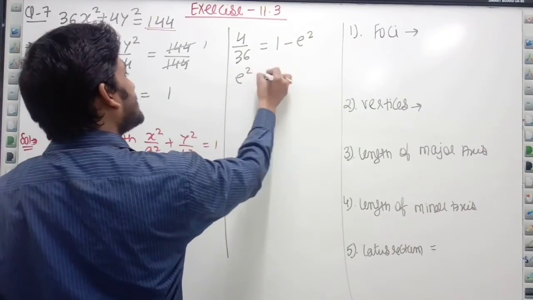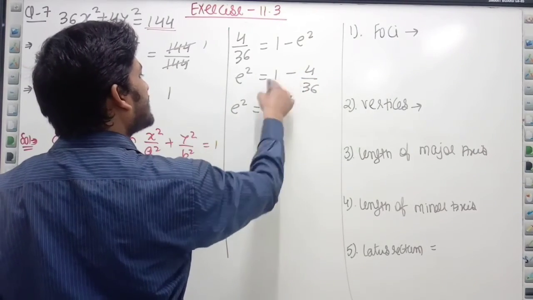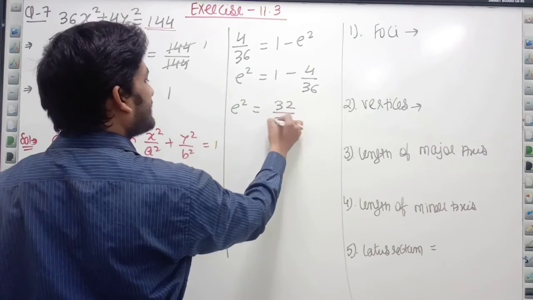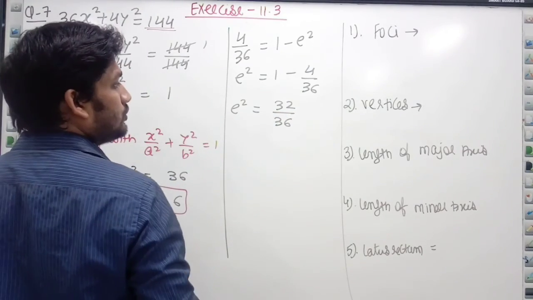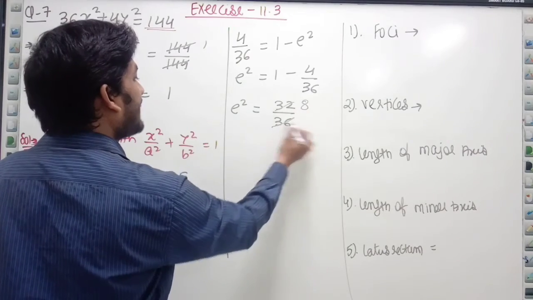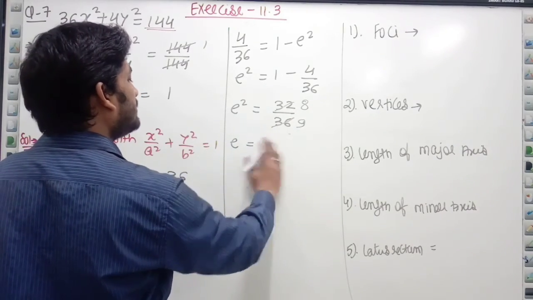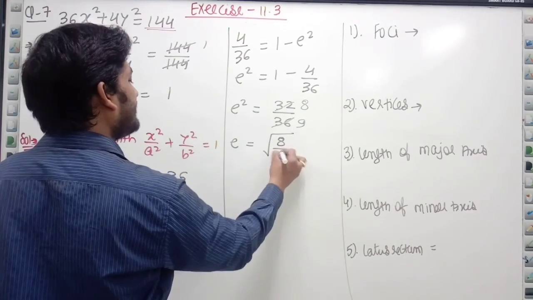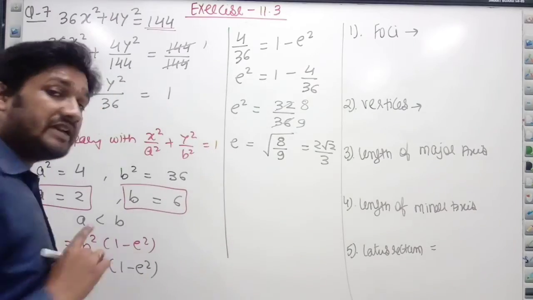So e square equal to 1 minus 4 by 36. E square equal to 36 minus 4, 34 by 36. Right? I can simplify this also. 4 8s are, 4 9s are. E equal to under root 8 by 9. So 8 can be written as 2 root 2, 9 can be written as 3.